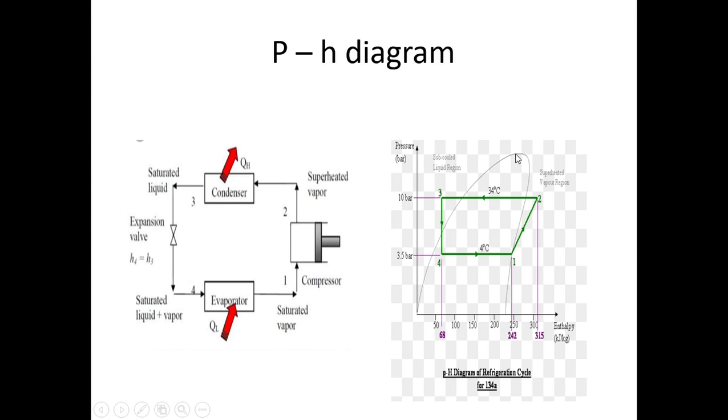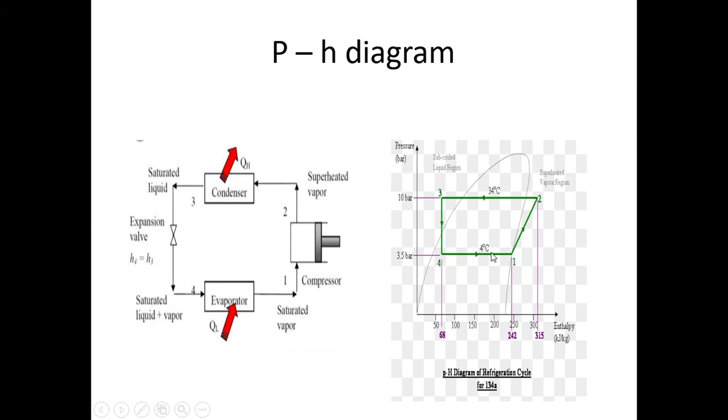This is the critical point; this side is the liquid side, this side is the vapor side, this side is the superheated side, and inside this curve it is the wet vapor region. So after expansion, the refrigerant is in the wet vapor region, and this is point 4.